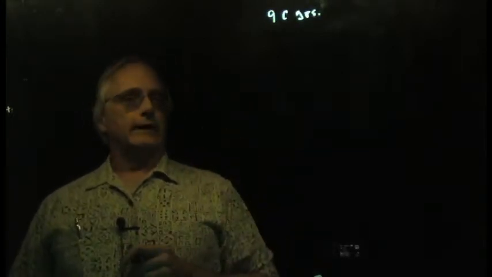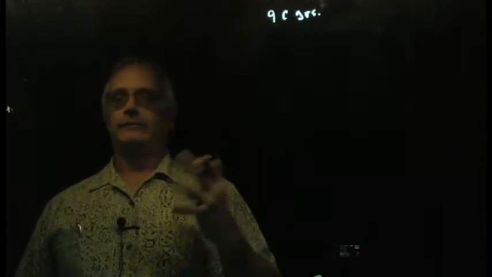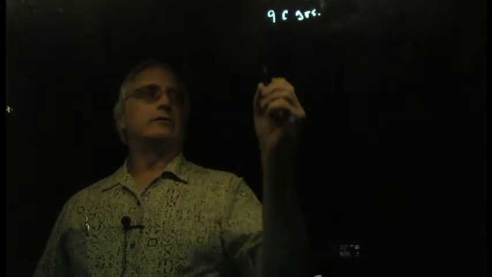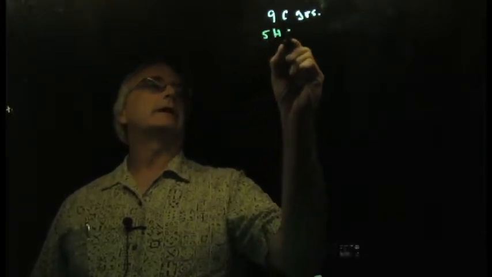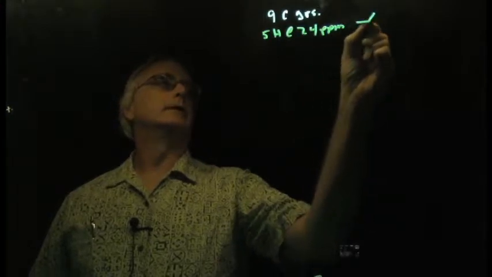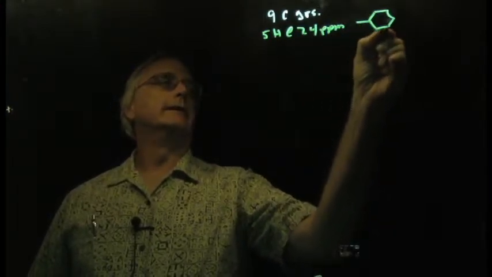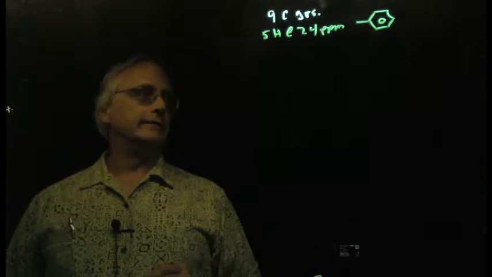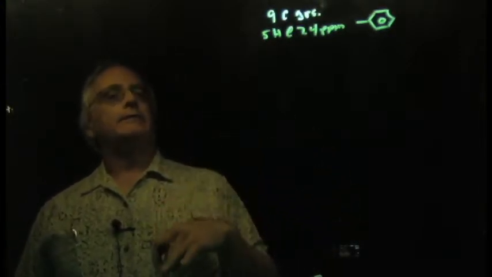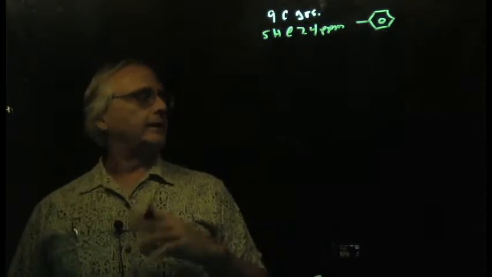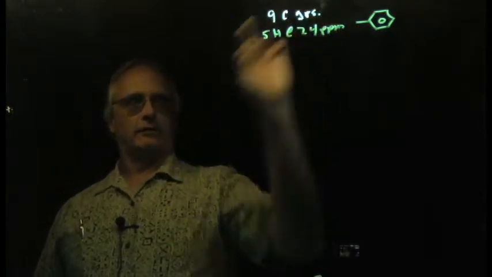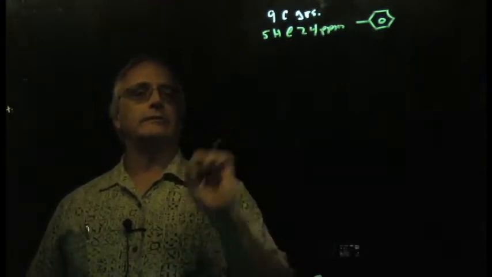We start looking at the chemical shifts, and one of them should just come right out and slap you in the face, and that is we have 5 hydrogens at 7.4 ppm. Once again, our dear friend, the substituted benzene ring. Now, a couple of things about it. On the previous set of spectra we looked at, the basic unknown, the aromatic region was kind of nice and distinct. It wasn't a clump of 5, it was 2, 1, 2.